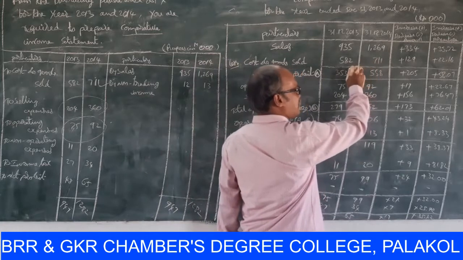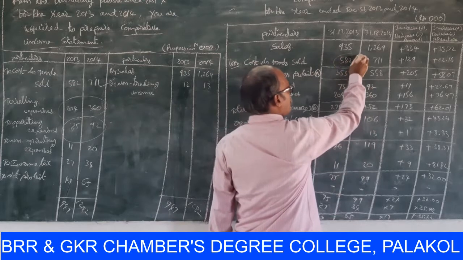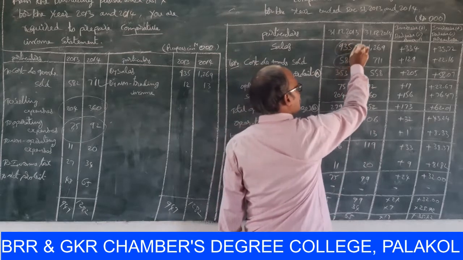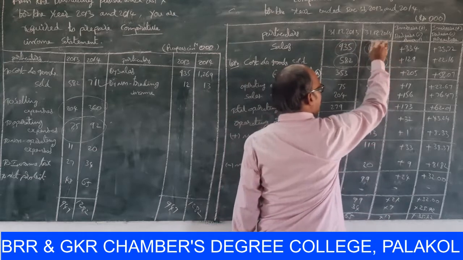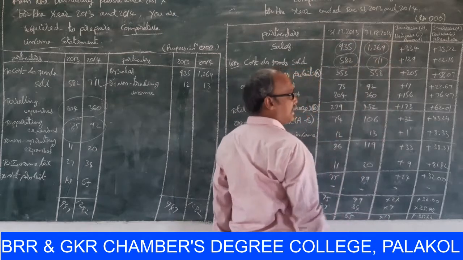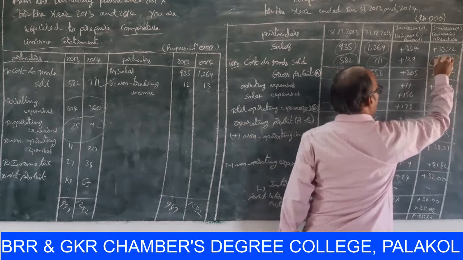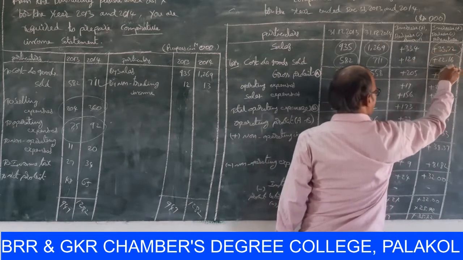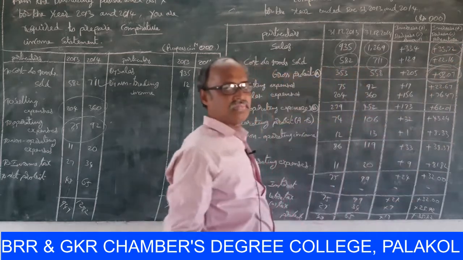In both the previous year and present year, the cost of goods sold is lower than the sales value. The percentage of increase of cost of goods sold is lower than that of the sales value. That's why the gross profit is increased. That is the first point.